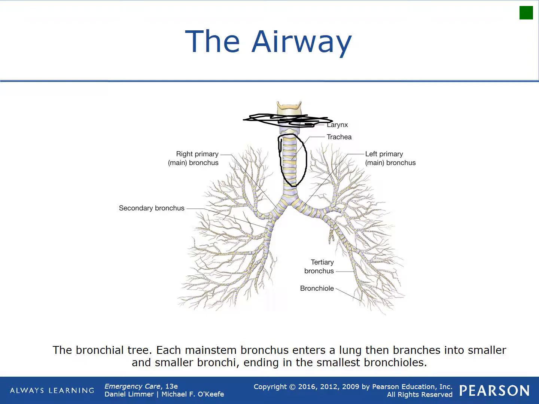So then you have your left main stem bronchi and your right bronchi. As it comes down to the trachea, it gets out here into these bronchioles. The bronchioles are the very smallest part of that. So if you can kind of imagine this as being the tree roots, and then all the little smaller roots branching out.